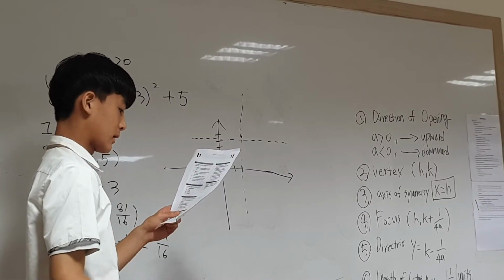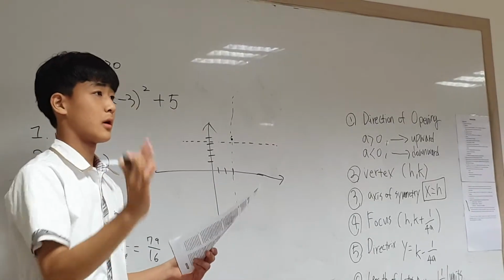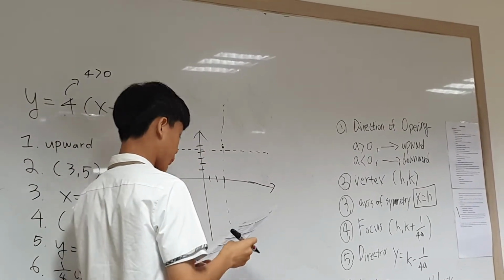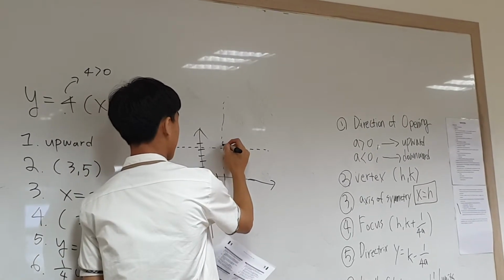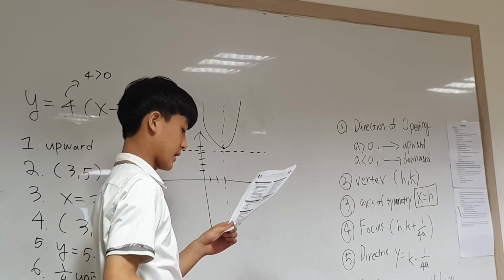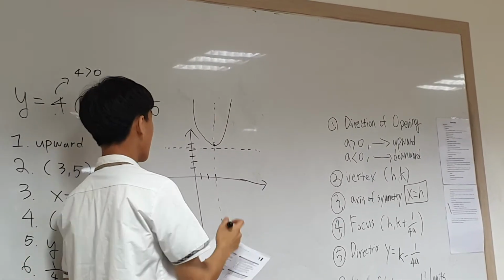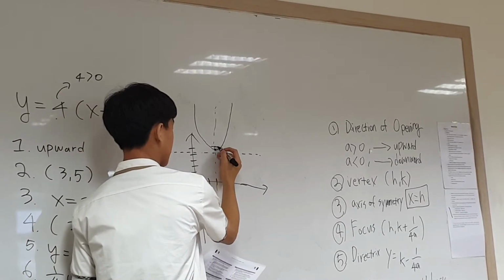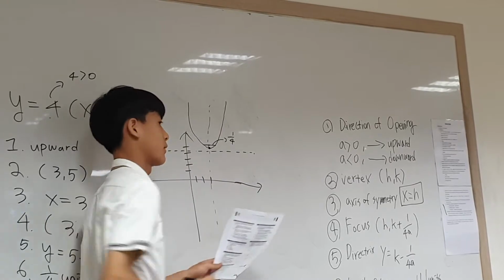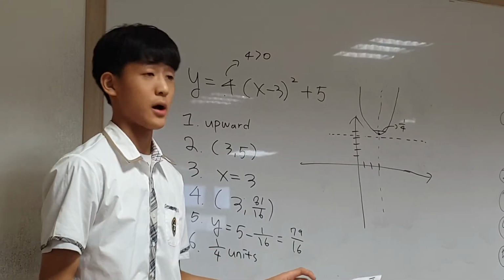You guys said that the opening direction would be upward, so it would be something like this. And Youngjin said that the length of latus rectum would be 1 over 4, so this length is 1 over 4. Okay, so that's the way that you draw a parabola.